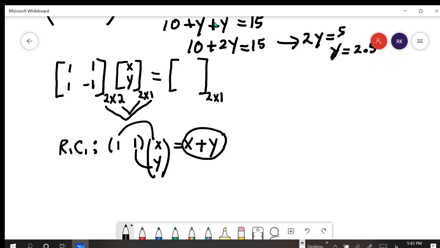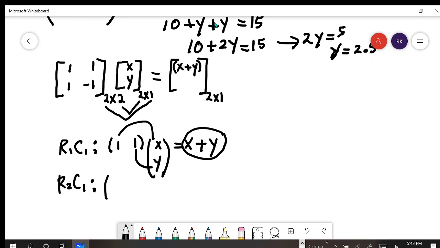If I want to find row 1 and column 1 of this answer, I have to go to row 1 and multiply it by column 1 this way. So this answer is x plus y, because we don't know what x and y are, so we write it as x plus y. And then the second one would be this row times this column, so it would be row 2 times column 1 of the second matrix.